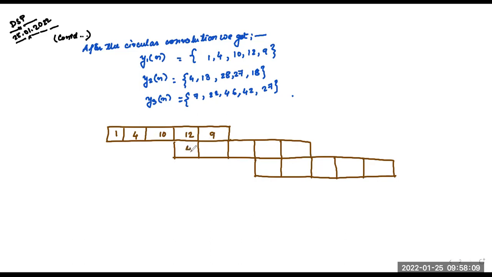Next is 4, 13, 28, 27, 18. Next is 7, 22, 46, 42, 27. So this is y1 of n, this is y2 of n, and this is y3 of n.